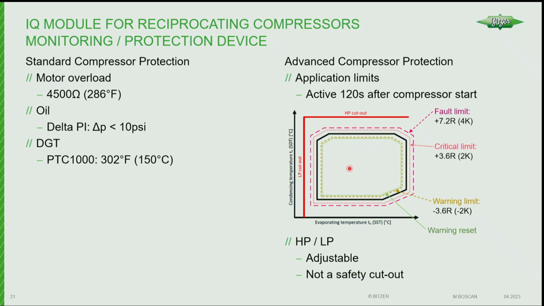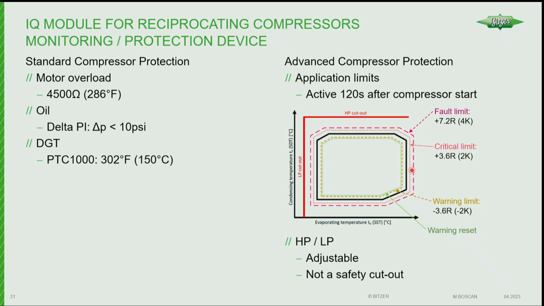Like anything else, there's always a safety factor that our engineers design in there. But you can't run there for long periods of time, so we give you 30 seconds. On the screen, if you're looking at the CMRC, it's going to say critical limit. And that critical limit means I'm going to either reset if I go back within my application window, or I'm going to trip the compressor within 30 seconds if I don't.